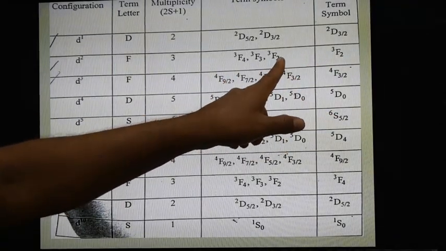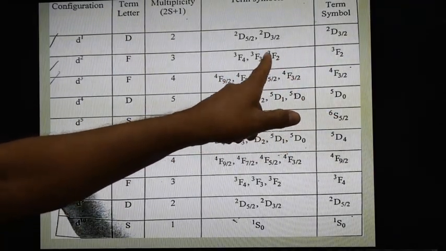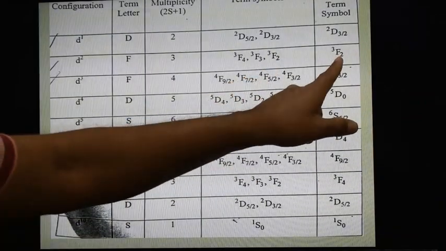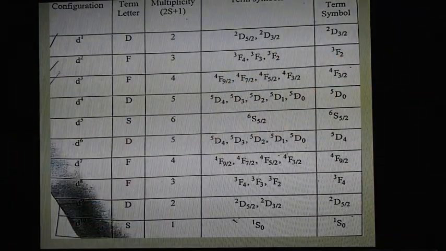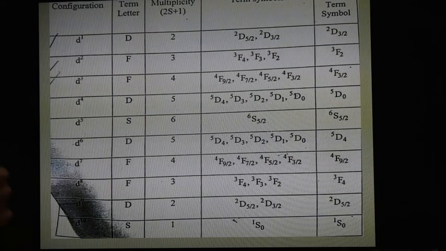Out of the three terms, the minimum value of J gives 3F2, and therefore this is the ground term symbol. In this way we can determine the values for d3, d4, d5, d6, d7, d8, d9 and d10.